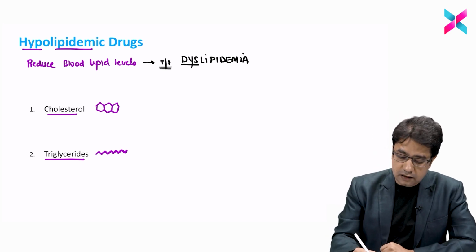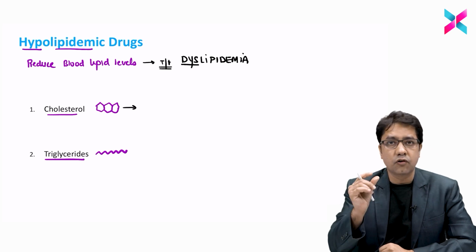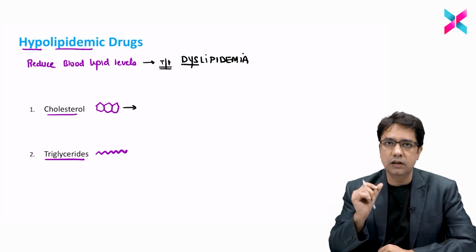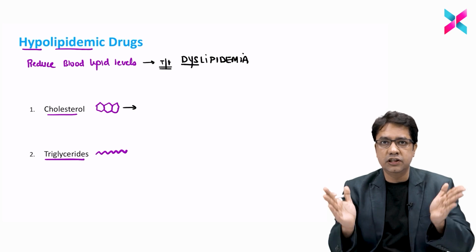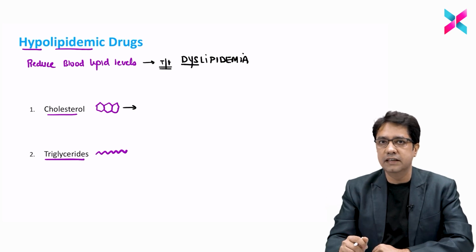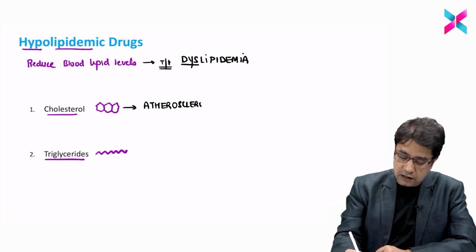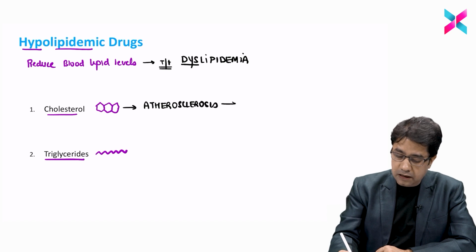If cholesterol levels are increased, cholesterol deposits below the endothelial cells of blood vessels, which leads to narrowing of blood vessels. This is known as atherosclerosis. So, increase in cholesterol level leads to atherosclerosis, narrowing of blood vessel.